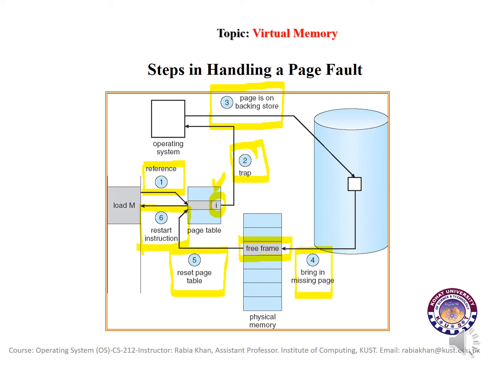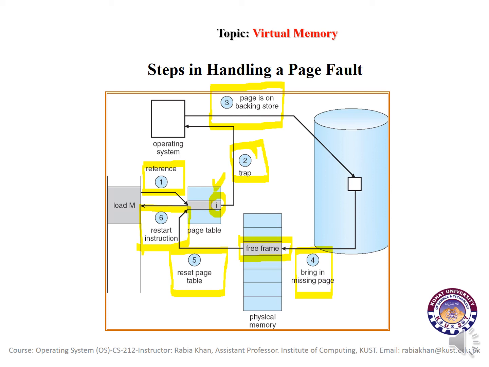Once the page has been found on secondary storage, it is time that this required page should be loaded in RAM. But before that, the operating system has to create a space or find a free frame for that page in main memory. If there is a free frame, the required page is loaded in that free frame. But if there is no free frame, then some other page has to be swapped out in order to create space for this new page.